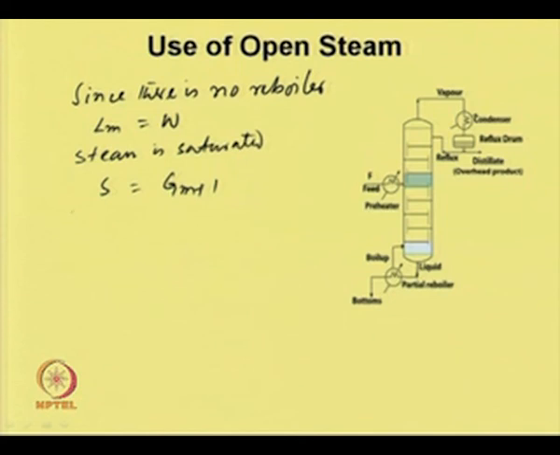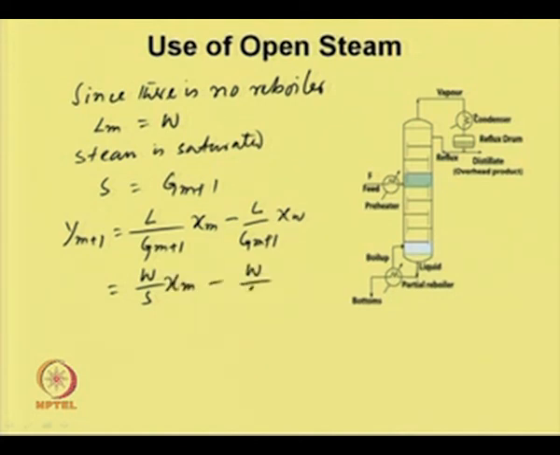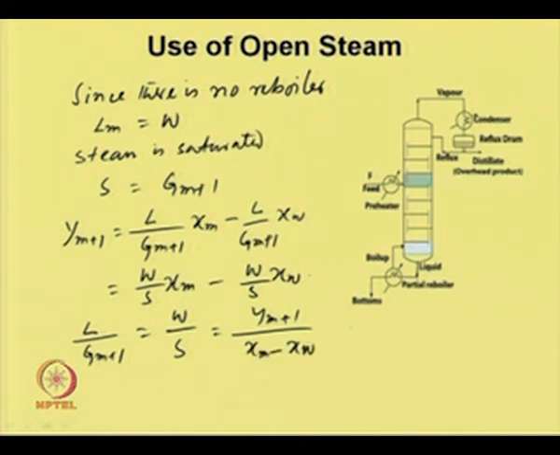So, therefore, the operating line for stripping section would be Y m plus 1 would be equal to L by G m plus 1 x m minus L by G m plus 1 x W, or we can write W by S x m minus W by S x W, and then slope of the operating line is L by G m plus 1 or W by S is equal to Y m plus 1 divided by x m plus x W. So, this is the slope of the stripping operating line.